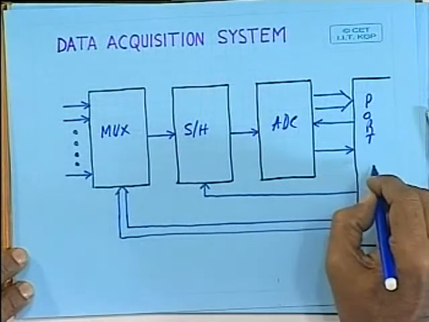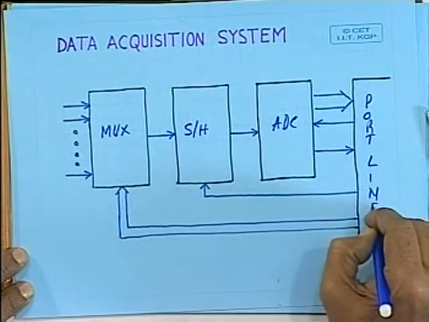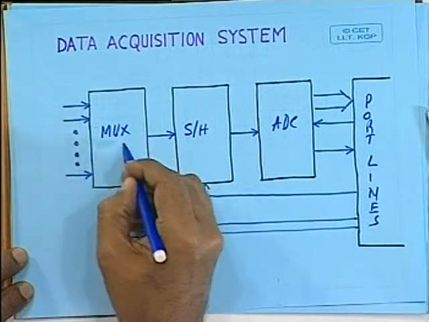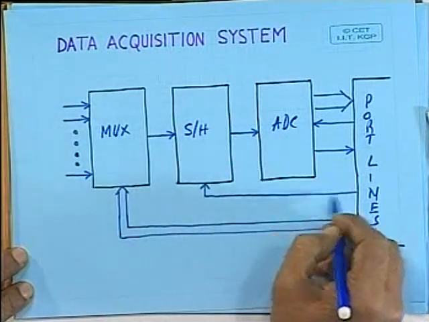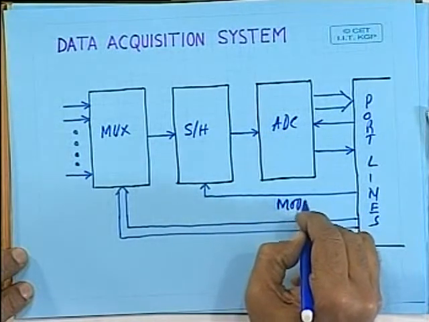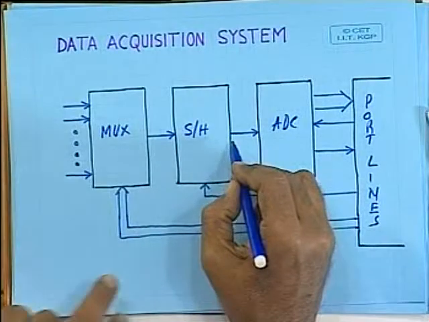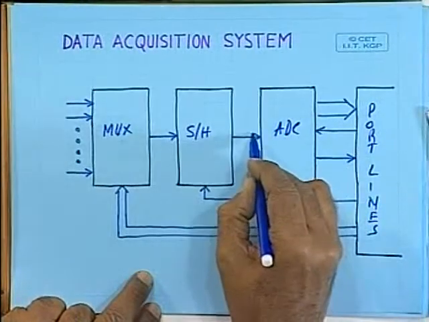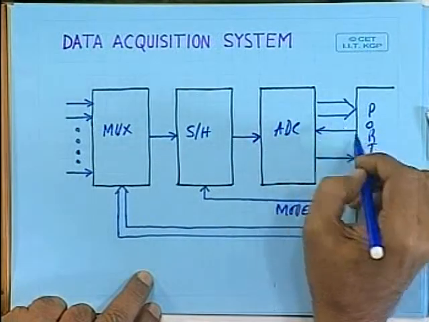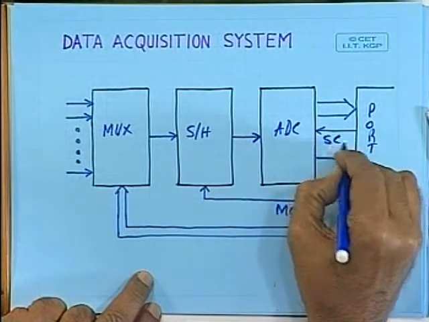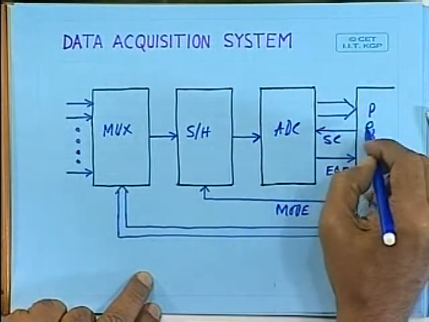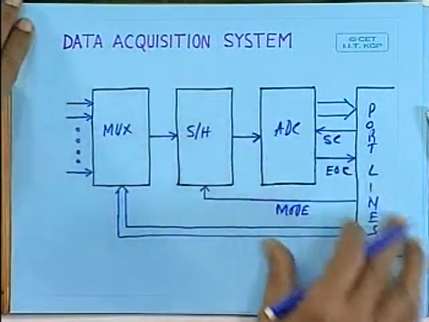These are the port lines with the help of which you can select a particular channel, and with the help of this mode control you can sample the data, and that is applied to the AD converter in the hold mode. The conversion is done, and with the help of the start conversion and end of conversion, the data is read through the port line by the microcontroller. This is how a data acquisition system can be built.